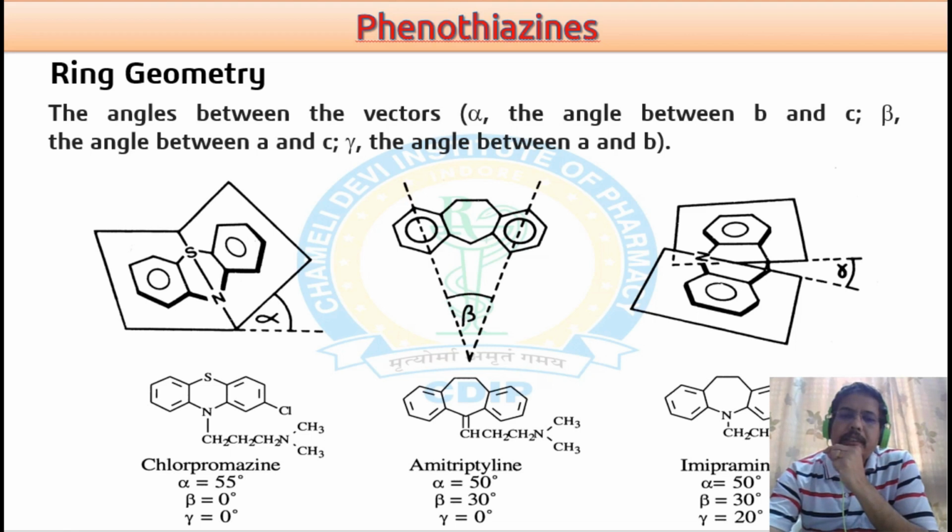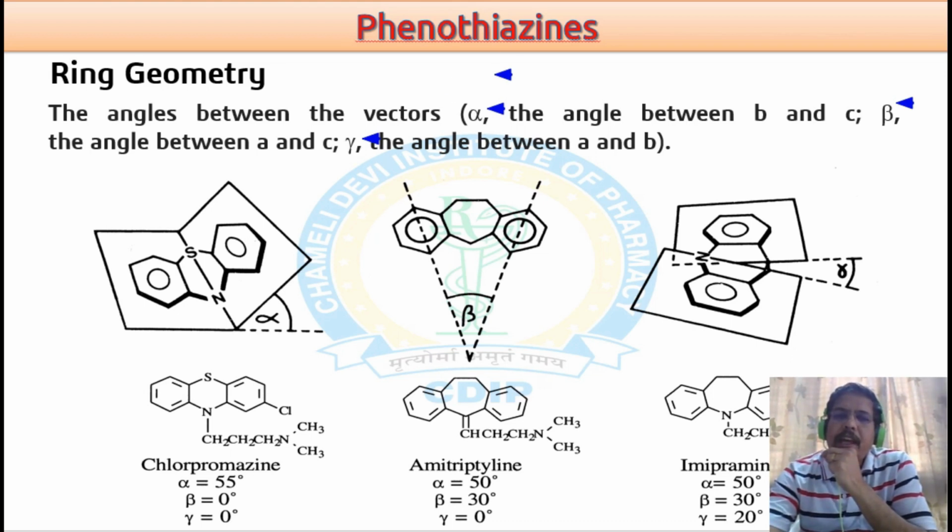So if you look at this, there is such a type of geometry. Basically we deal with the angles called alpha angle, beta angle and gamma angle. So these three angles are between the vectors.